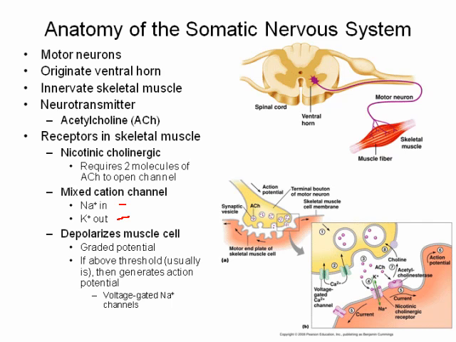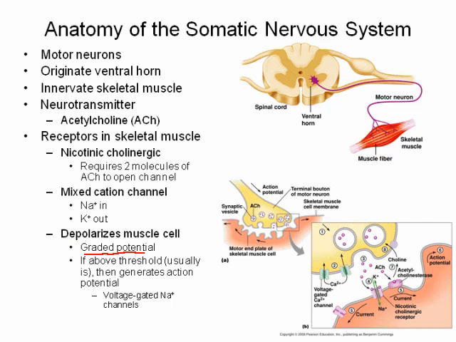So sodium moves in and potassium moves out. Now this causes depolarization of the muscle cell membrane. The reason it does is that you have a lot more sodium coming in than potassium going out. Therefore, there's more positive charge coming into the cell, and that, of course, is going to cause depolarization.